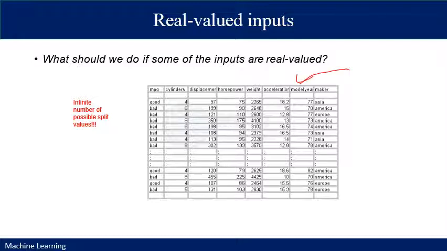For model year, we have an infinite number of possible split values, or even if we have a finite number of possible split values, there are significantly larger values. Therefore, real valued inputs are quite a headache for decision trees.